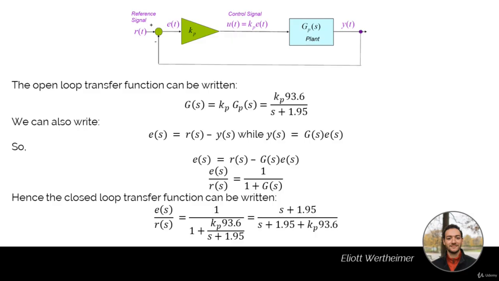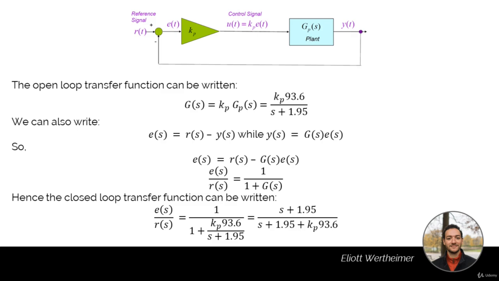The open loop transfer function is essentially the controller's transfer function multiplied by the plant's transfer function. So here the open loop transfer function is G(s) equals Kp times Gp(s), which is equal to Kp times 93.6 divided by s plus 1.95. We can also write the equation for the error.